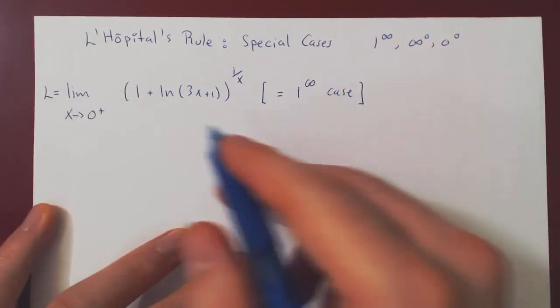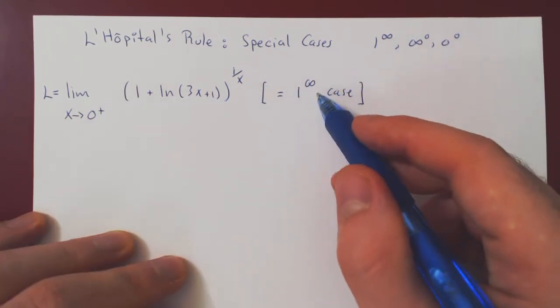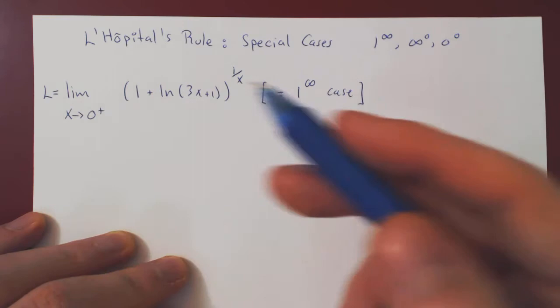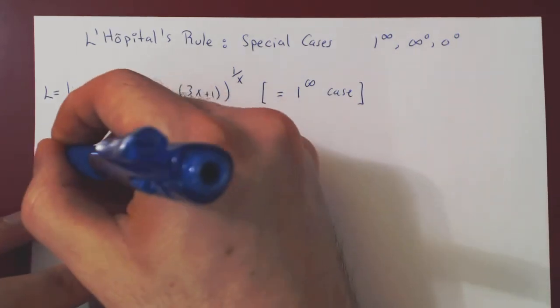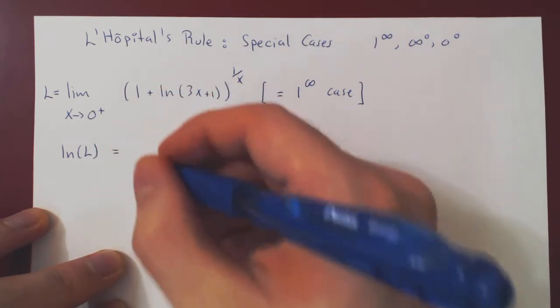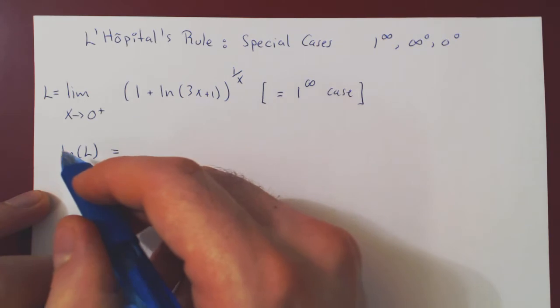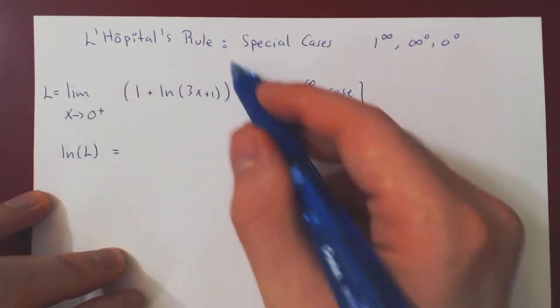Now the idea is, if we stick with this limit directly, we can't solve this. But if we take the ln of the limit, then it's a different story. So we won't solve for L directly, but the ln of L. By continuity, you can interchange the limit and the ln, so the ln of the limit will be the limit of the ln of the expression.